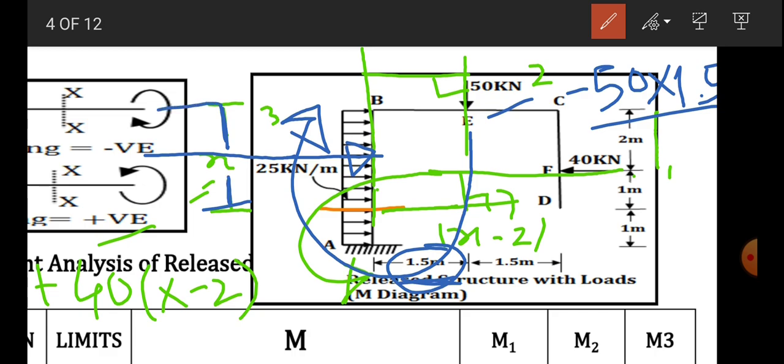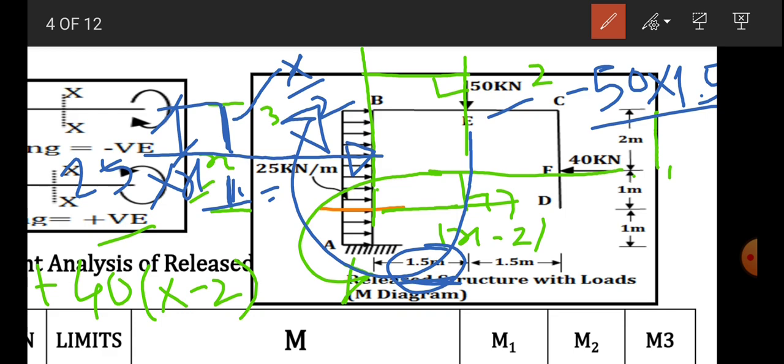So the lever arm for this point load will be x by 2, and the value of the point load will be 25 into x, because it is spread over a distance of x.